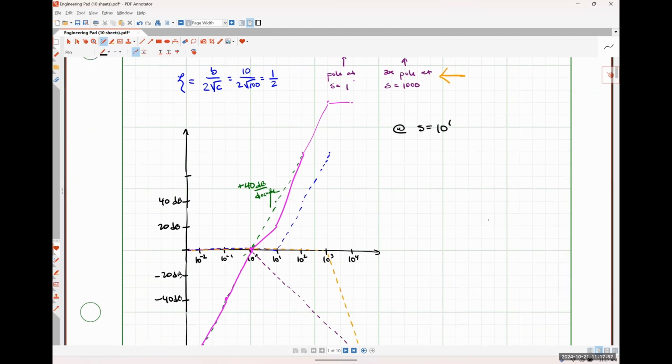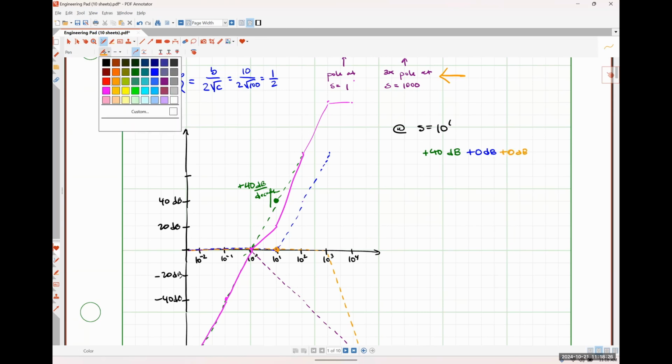At 10 to the 1, our green curve has a value of positive 40 decibels, our blue curve has a value of 0 dB, our orange curve also has a value of 0 dB, and our purple curve has a value of minus 20 dB.